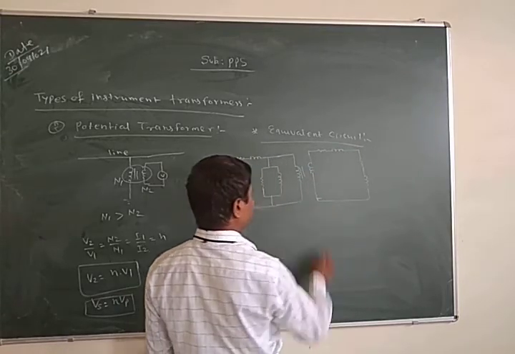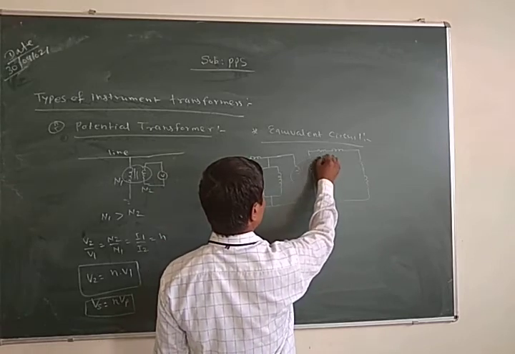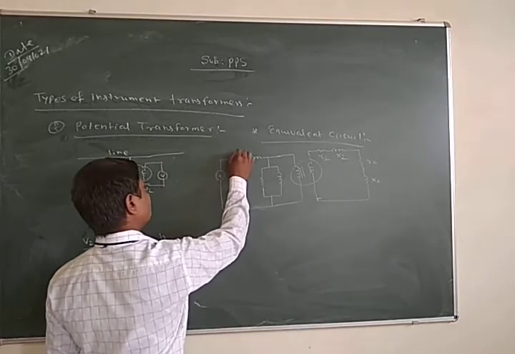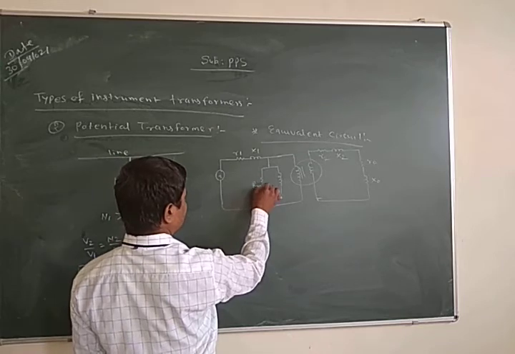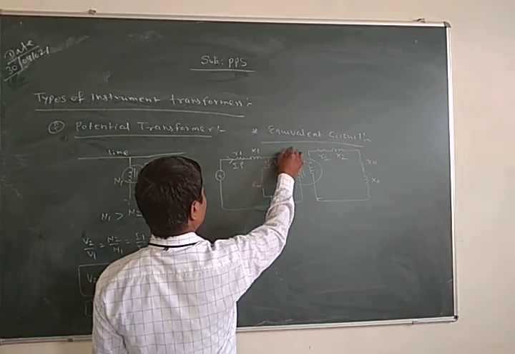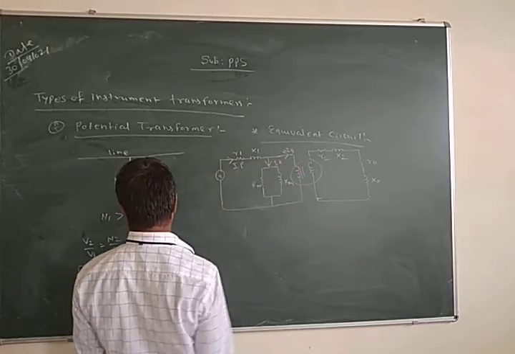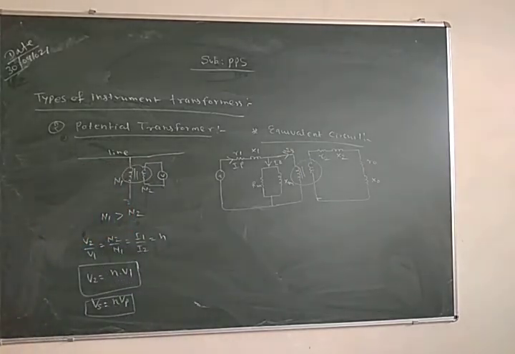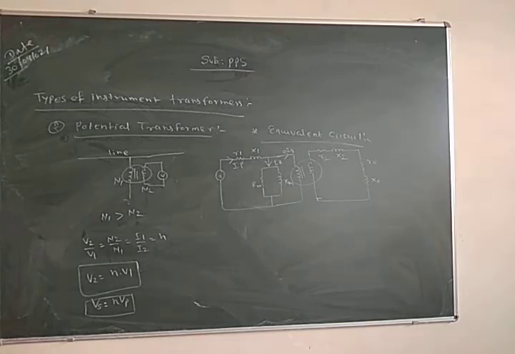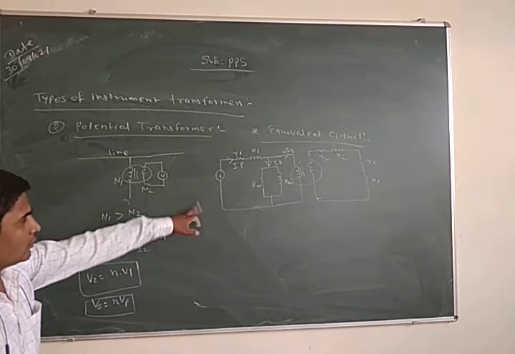It is used only for the measuring purpose. R0, X0, R1, X1, Rm, Xm, I0, Ip, In, Is, primary current. So this is the equivalent circuit for a potential transformer.